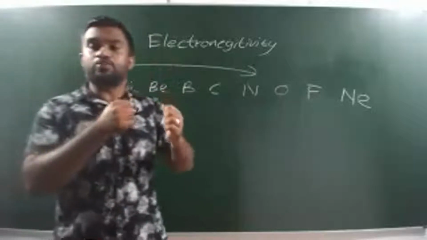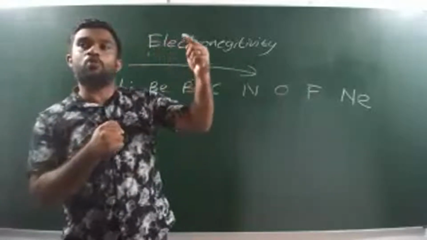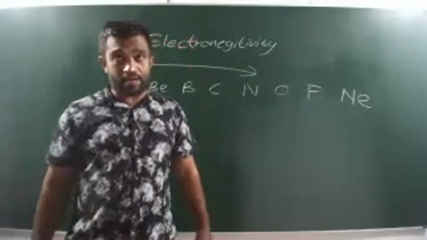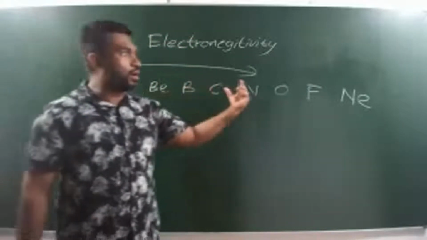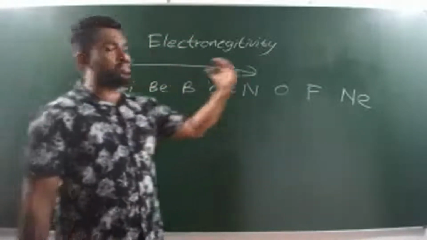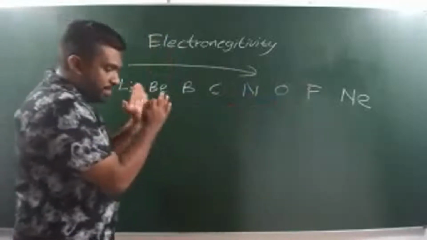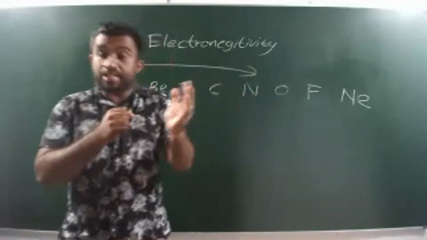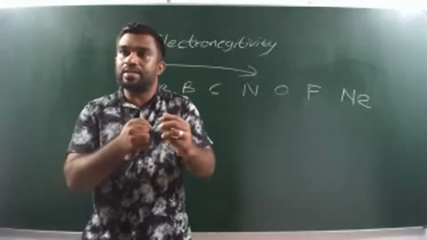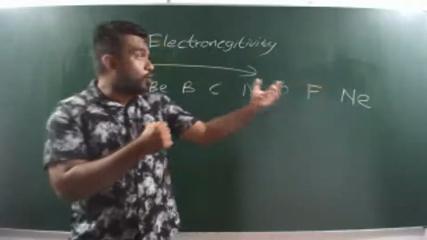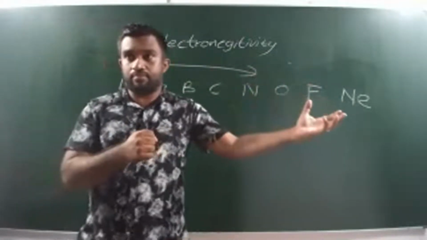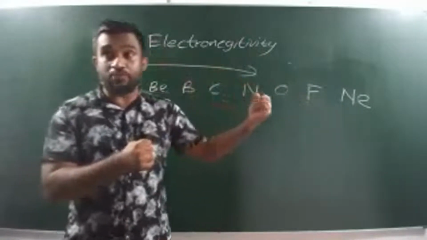So the distance between the nucleus and the outermost shell will decrease when you go left to right in a period. When that distance is decreased, what will happen?